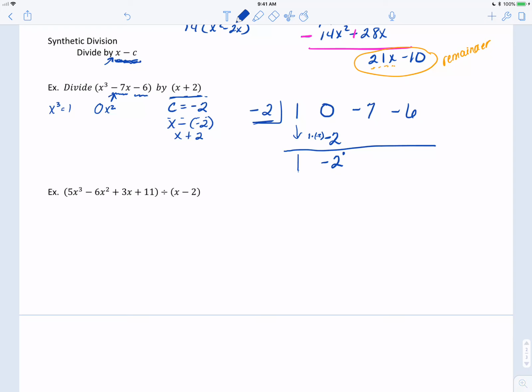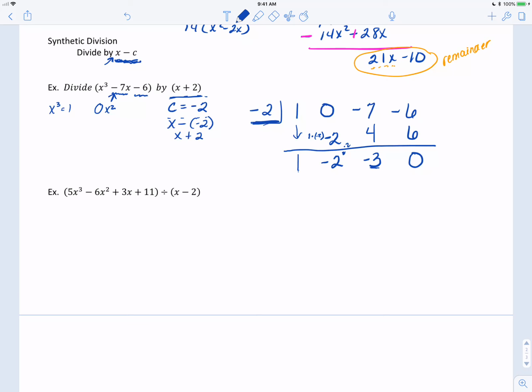Then we multiply by this negative 2 again. So times the negative 2, that makes positive 4. Negative 7 plus 4 is negative 3. Multiplying by the negative 2 again. So negative 2 times the negative 3 makes positive 6. Add those together, and there you have a remainder of 0, or that comes out even to be 0.